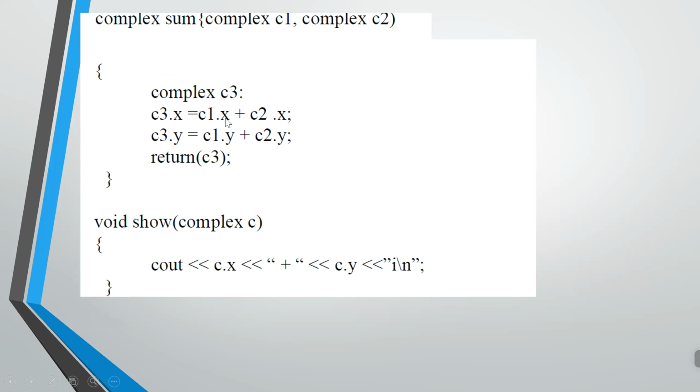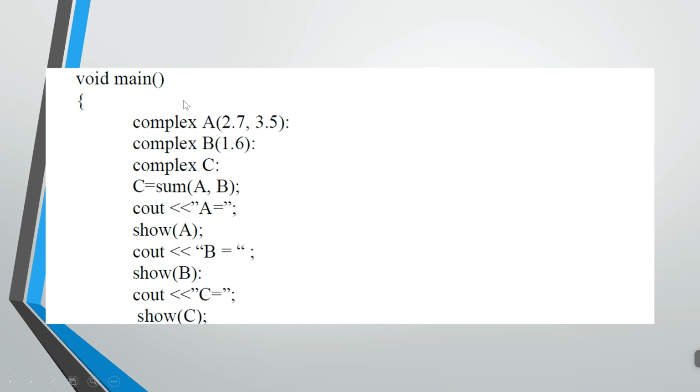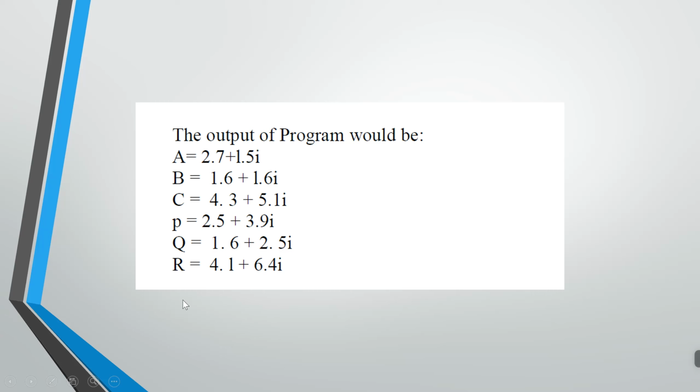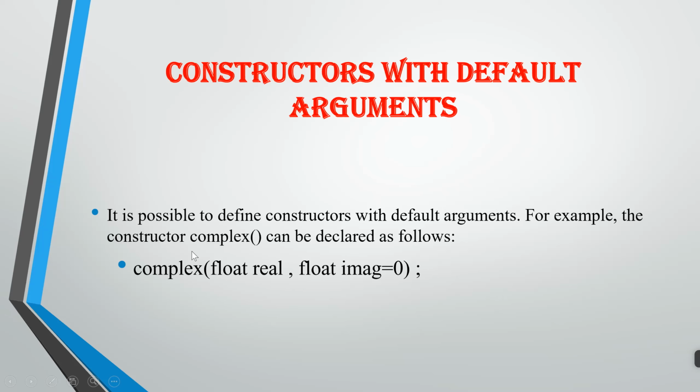So 2.7 plus 1.6 will be the real value, and 3.5 plus 1.6 will be the imaginary value, and the answer will be stored in C. Then I'm displaying A, B, and C as separate values. This is how the output comes after executing this program.